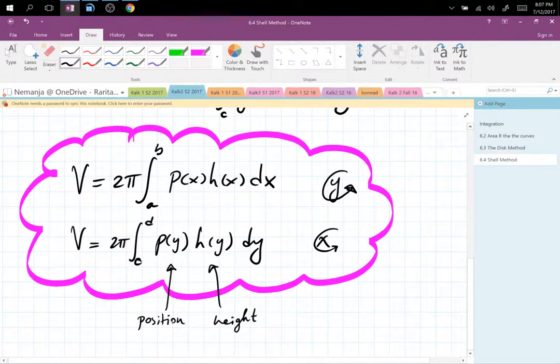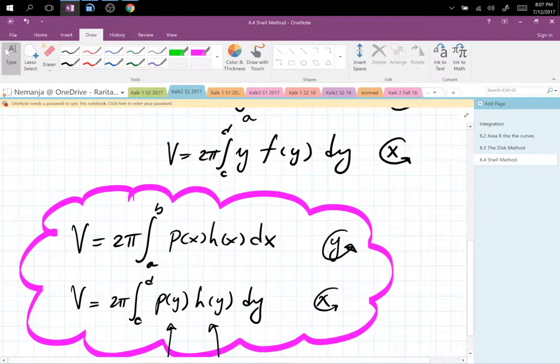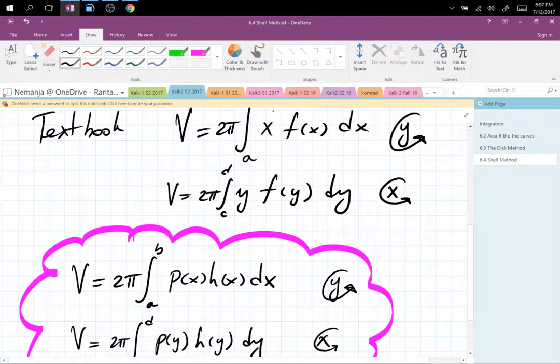Now, for the majority of these problems, this position is x or y, just like the formulas here suggest. And then this h of x and h of y are sometimes these f of x and f of y. But you can also have an object with a hole, something similar to the washer method, which that doesn't cover.